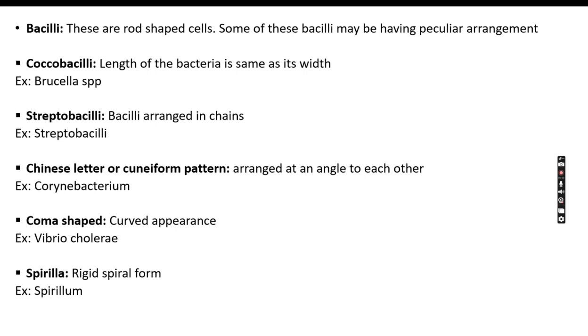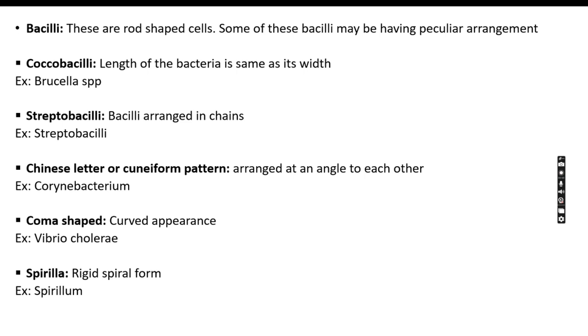Then there is the Chinese letter pattern, or cuneiform arrangement, where the bacteria are arranged at an angle to each other. They appear as I, V or L alphabetical letters. An example is Corynebacterium diphtheriae.